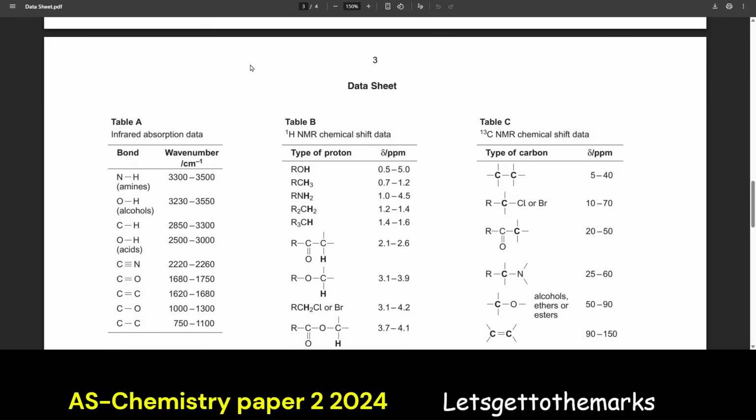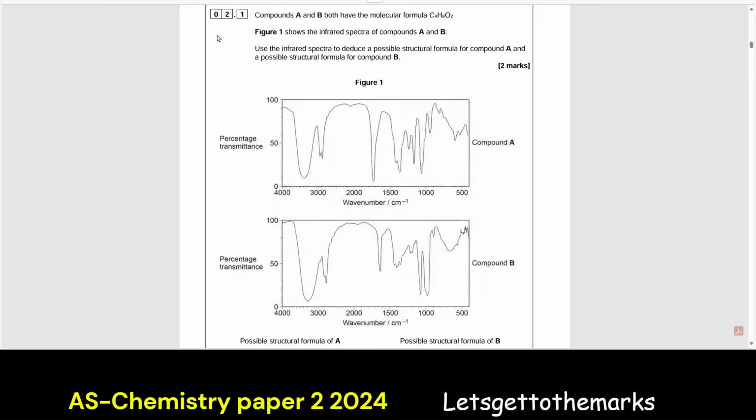So I'm really going for this bond and this bond. Let's go back and see if we can come up with a structure for that. Okay, here we go, guys. That went a bit pear-shaped, didn't it? Right, so what I want to do here is just notice once again that is round about 1725.